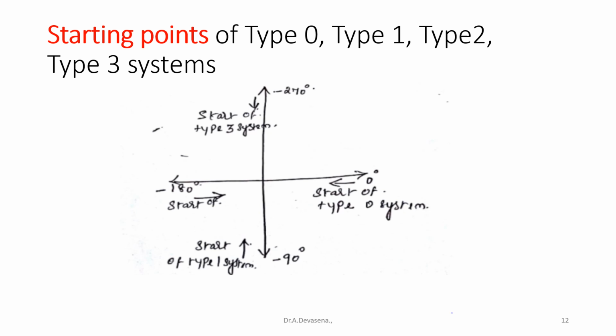The starting point of type 0 system is from angle 0 degree. The starting point of the type 1 system starts from minus 90 degree. The starting point of the type 2 system starts from angle minus 180 degree. Similarly, the starting point of the type 3 system starts from minus 270 degree.